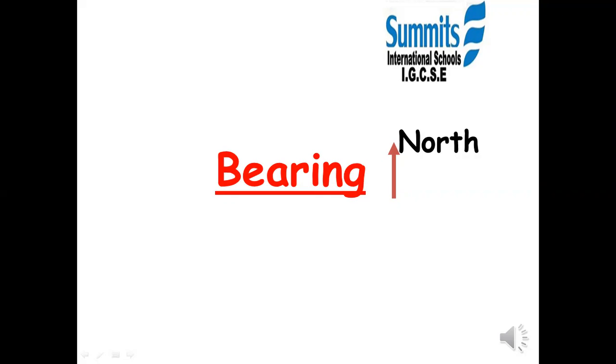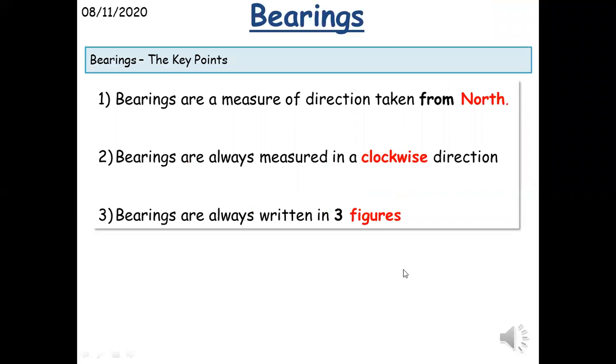We have three keynotes. First point is bearings are measured in direction taken from north. So the first thing, I need to take the direction from north. I always take it from north.